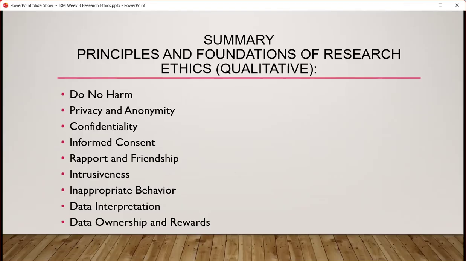In qualitative research, the ethics are much the same, although since there isn't usually a scientific intervention, although there may be something else, it's essentially the same types of ethical stances: do no harm, privacy and anonymity, confidentiality, informed consent, rapport and friendship, intrusiveness, and inappropriate behavior, data interpretation, and importantly, data ownership and rewards.